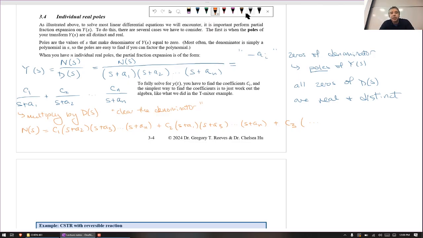And if you look at the way these binomials shake out, the first term here, where you have C1, that term lacks, or there is no s plus a1 binomial in that term, because when I multiply by all the binomials, the s plus a1 canceled out here. So that first term doesn't contain the s plus a1.